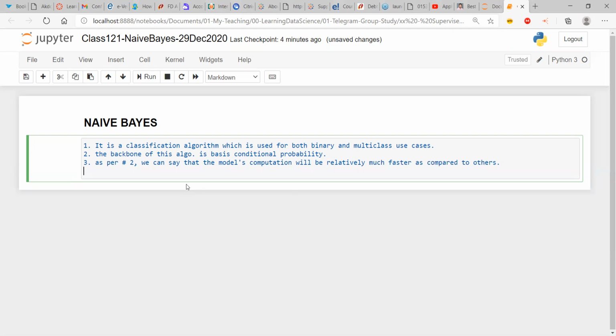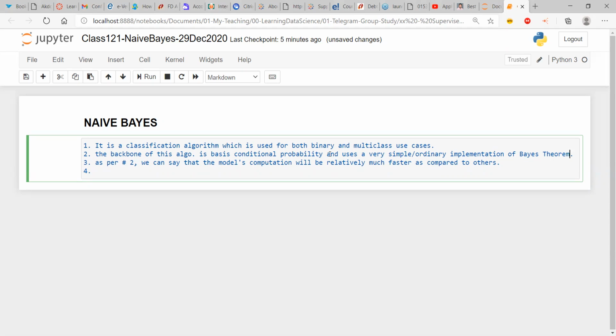We'll come to know why when we look into what is Bayes' theorem and what is conditional probability. It uses a very simple or ordinary implementation of Bayes' theorem.